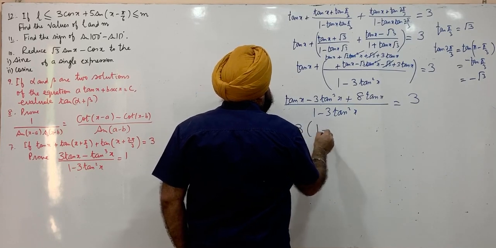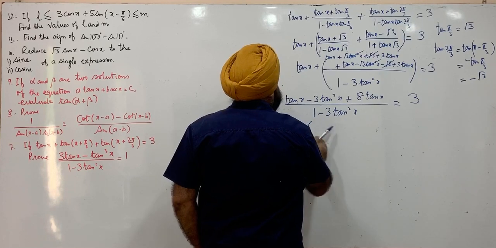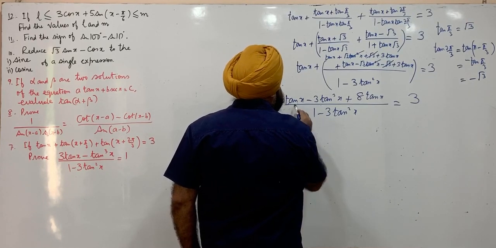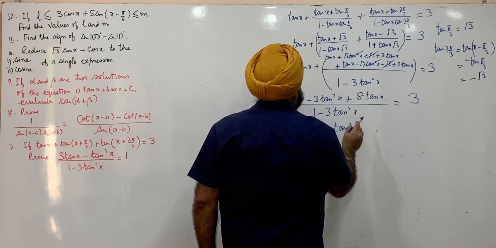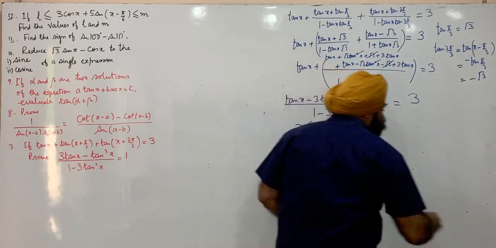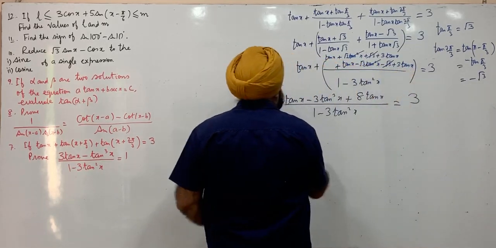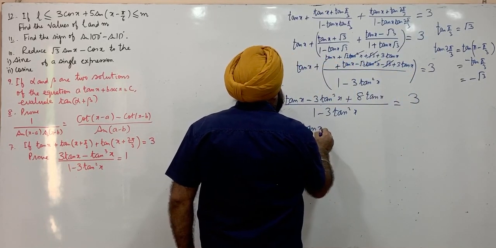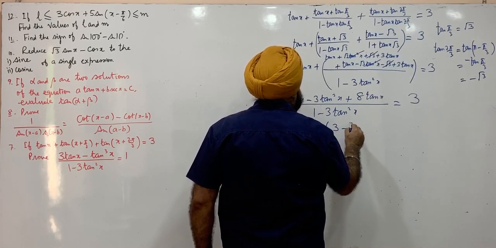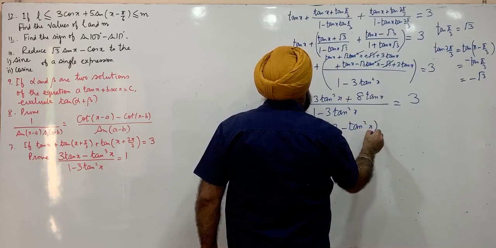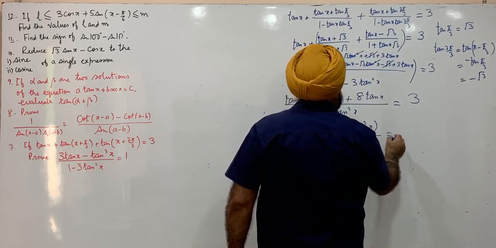This will be 3 common, let's take 3 tan of x common. And inside it's 3 minus tan square of x upon 1 minus 3 tan square of x. This is equal to 3.